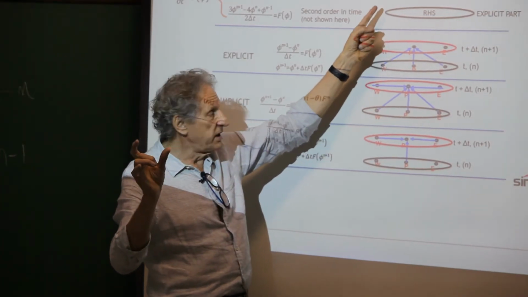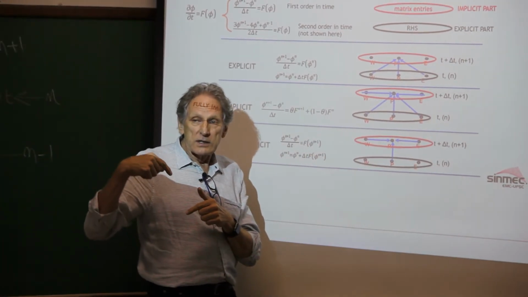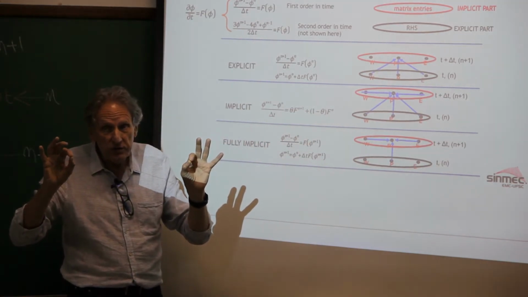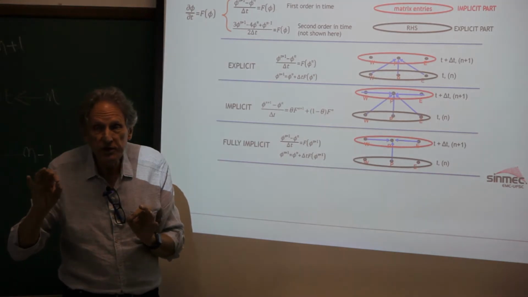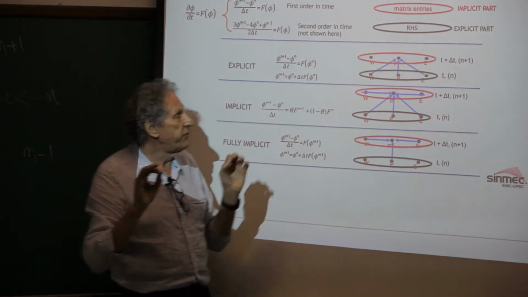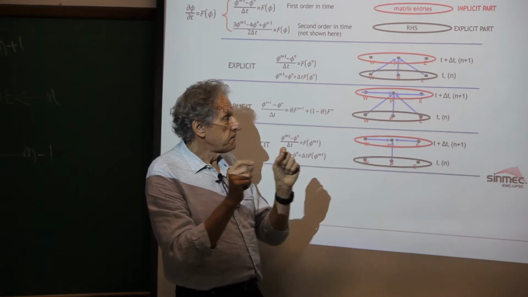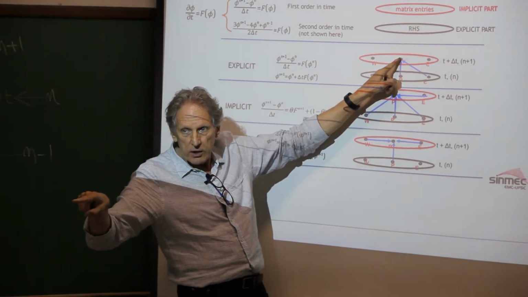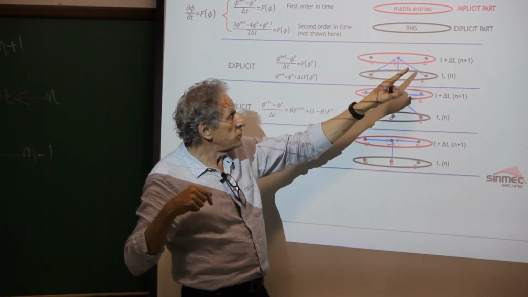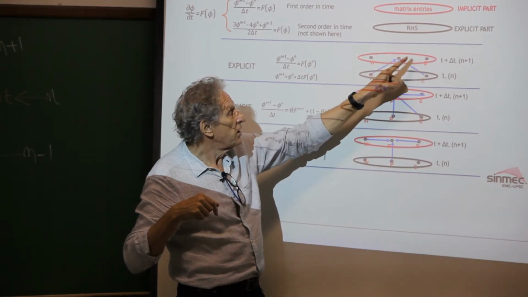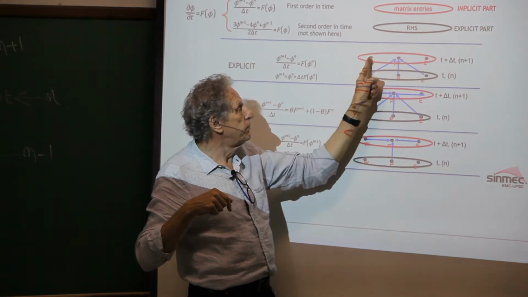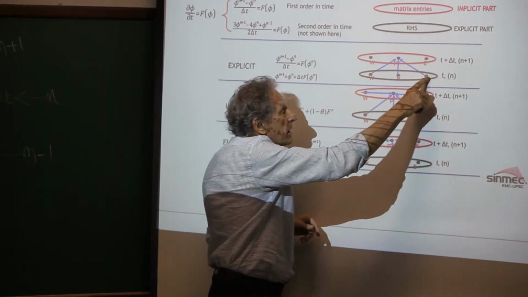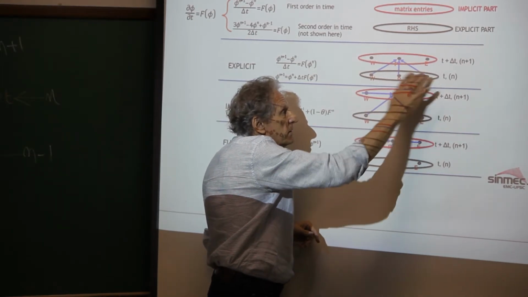What is in red here, the blue arrows, let's call them the coefficients, right? The coefficients which connect the points to the one that you are interested in calculating. So there are no coefficients in this red connecting, because this point is related entirely to the previous time level.